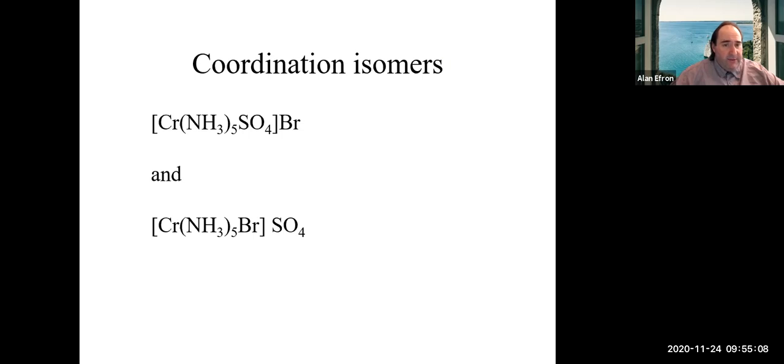And if we look at each of these, we can just keep track of everything. There's one chromium, 5 NH3s, an SO4, and a Br. And here we've got one chromium, 5 NH3s, a Br, and an SO4. So they do contain the exact same numbers of everything going on.